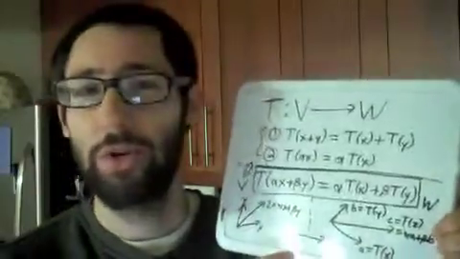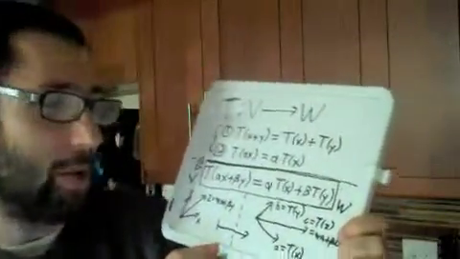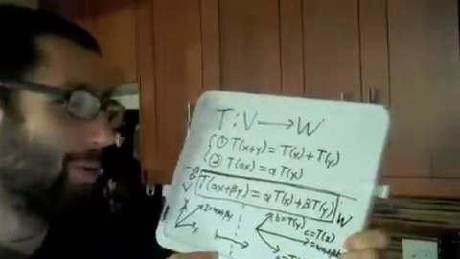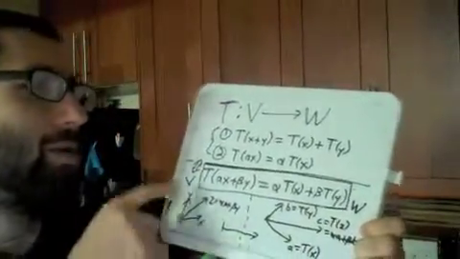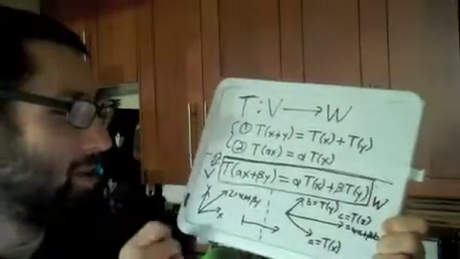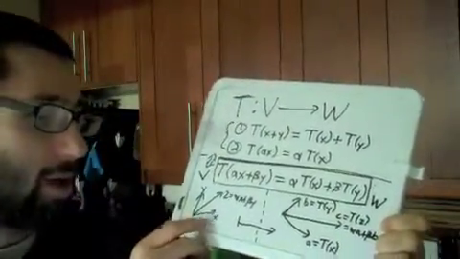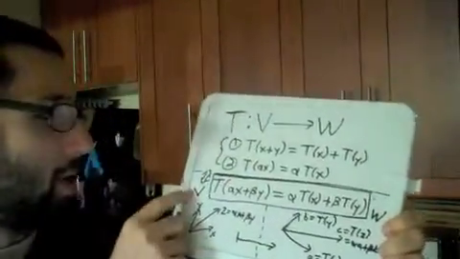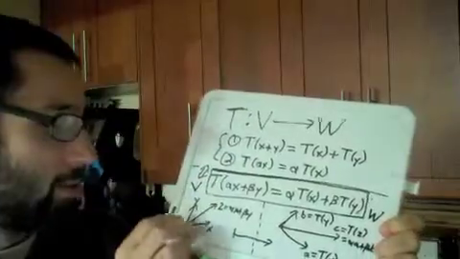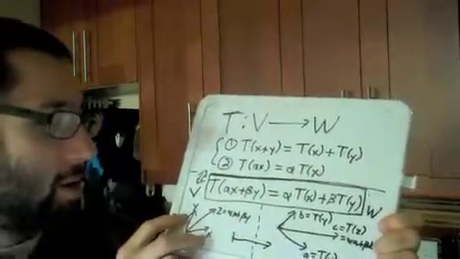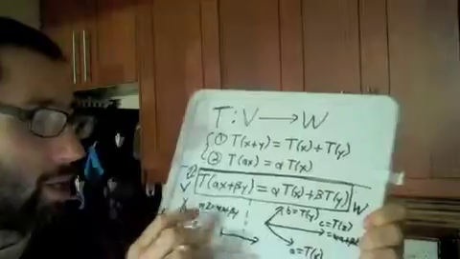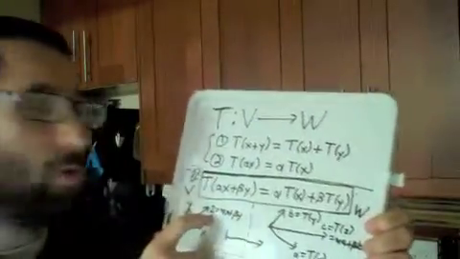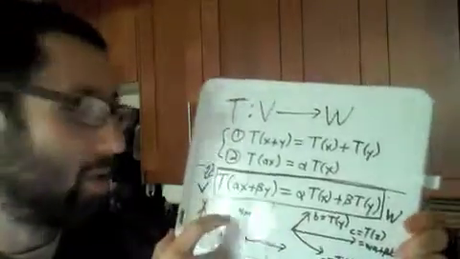Here's a picture to represent this definition, and I think the picture communicates in a different way, with a different kind of power than the algebraic equations. Let's consider x and y, two vectors in V. This is all V. If we have two vectors in a vector space V, we can linearly combine them, do alpha x plus beta y, and we get a new vector z that's in the vector space.